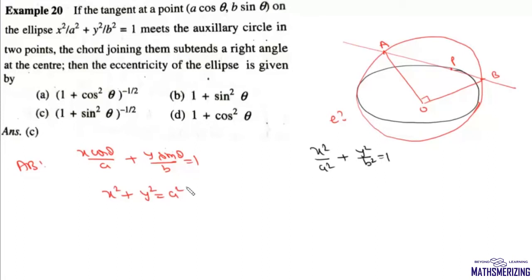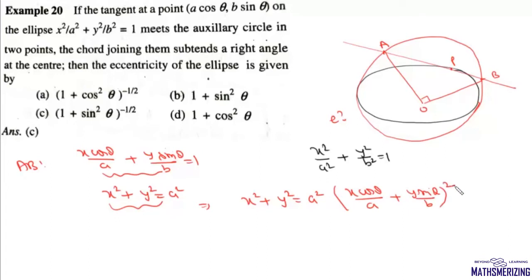So in order to find the equation of this pair of lines, we need to make this equation homogeneous, and we do it using the equation of this line. So we'll write this equation as x square plus y square equals a square times (x cos theta upon a plus y sin theta upon b) whole square.